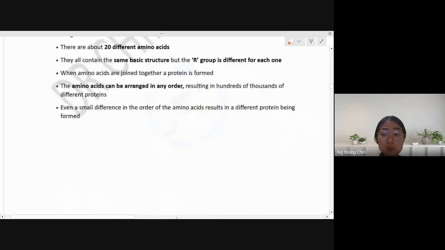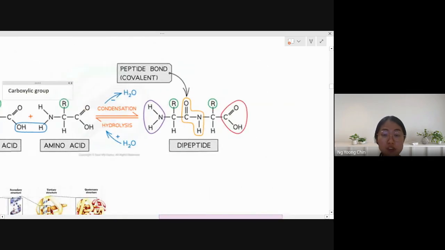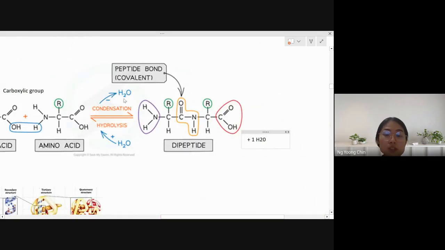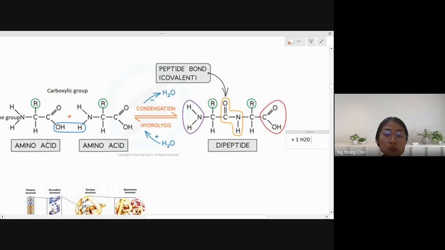At the end, they will form a dipeptide, with the production of one water molecule. So we know this as condensation. You can see one water molecule is thrown out when you join these two amino acids together to form one dipeptide. Whenever you want to break down the dipeptide back to the two separate amino acids, you just add water.